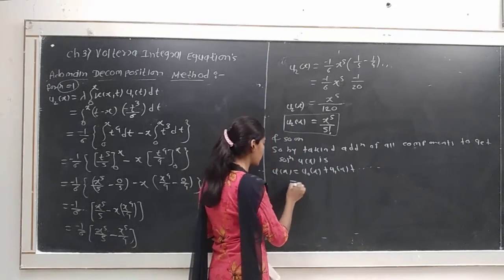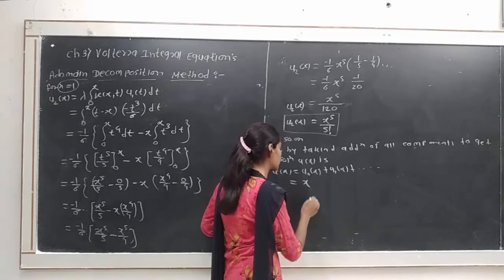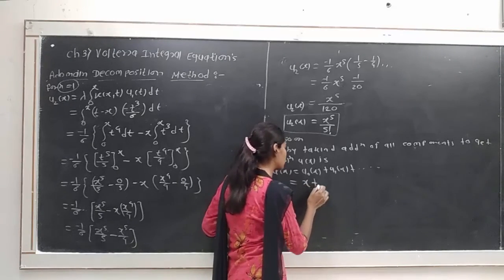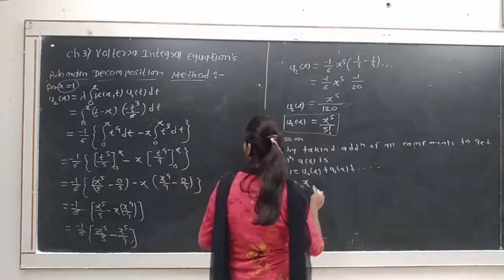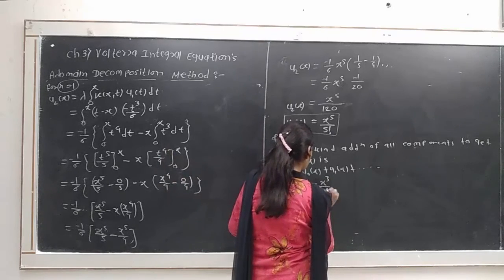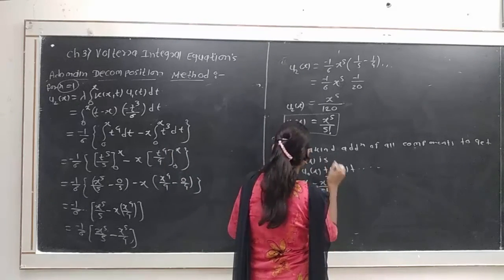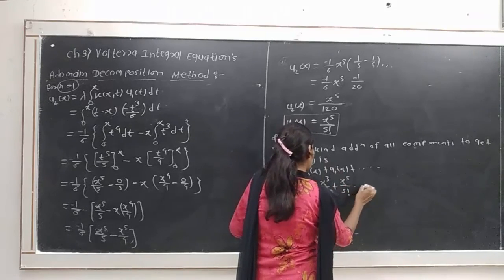We put the value of u0 of x, that is f of x, which is x, plus u1 of x, which is minus x cubed divided by 3 factorial, and u2 of x, which is x raised to 5 divided by 5 factorial, minus and so on, with the next terms in this way.